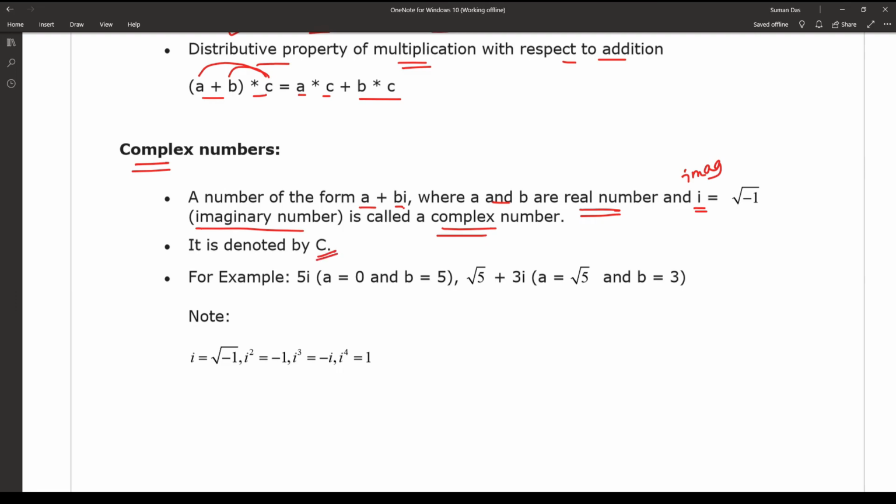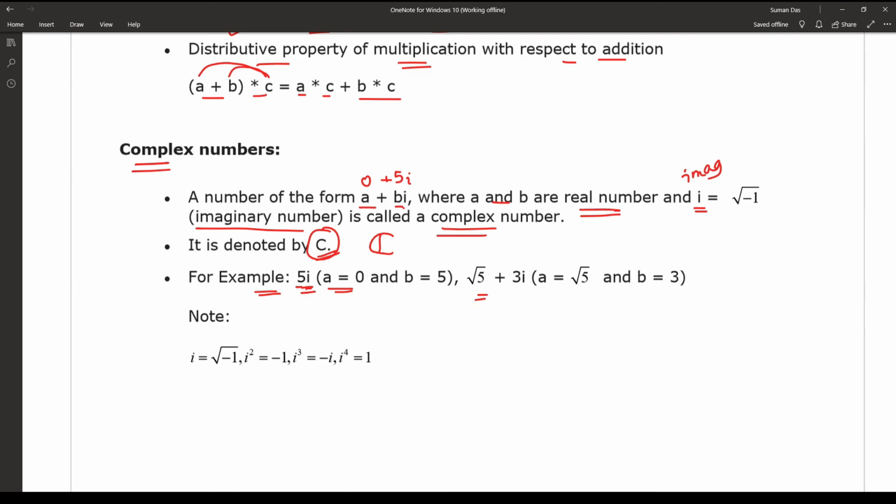It is denoted by the set C. For example, 5 into small i, where a is equal to 0 and b is equal to 5, is an example of a complex number.